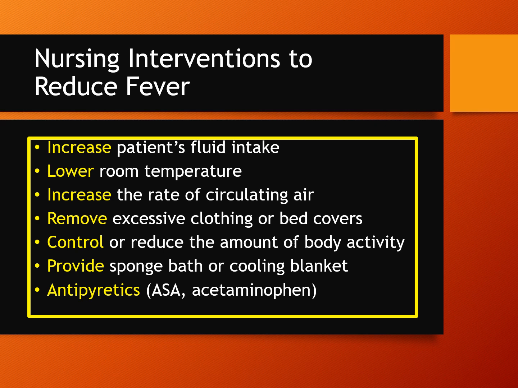You want to increase the rate of circulating air, like you just get the air flowing, remove any excessive clothing or covers, and reduce the amount of activity. Maybe give them a sponge bath, or even cooling blankets, and then antipyretics. And looky here, antipyretics means it helps reduce temperature. ASA, that's an abbreviation for aspirin, just good old aspirin, or acetaminophen, and acetaminophen is Tylenol.